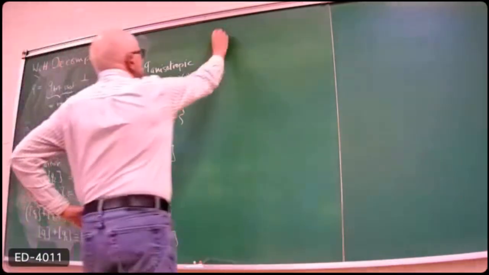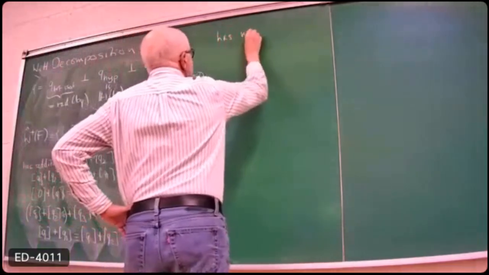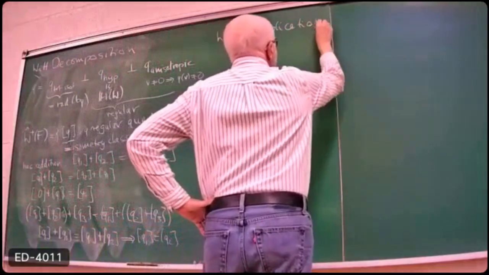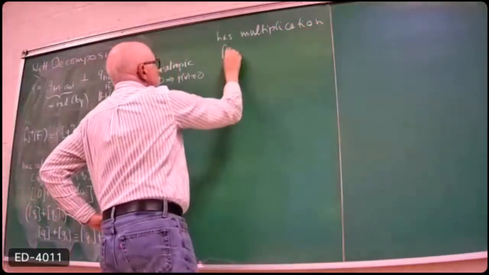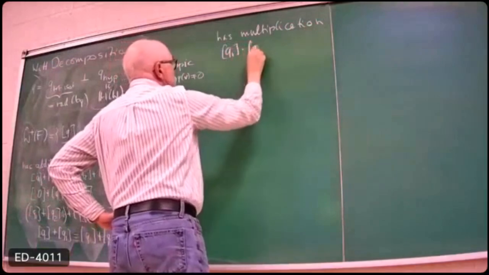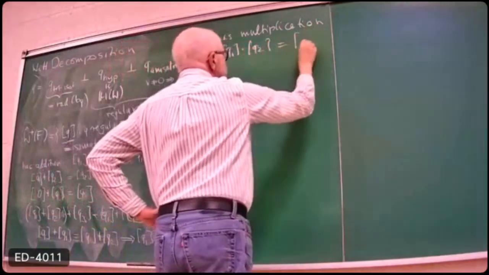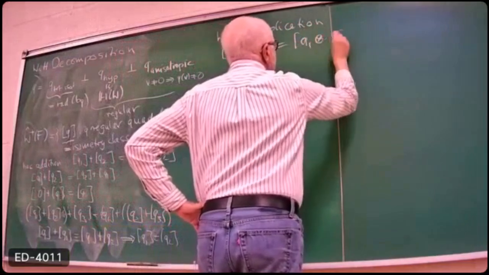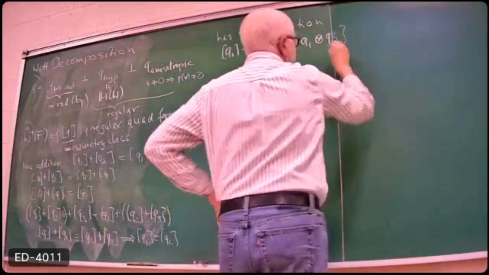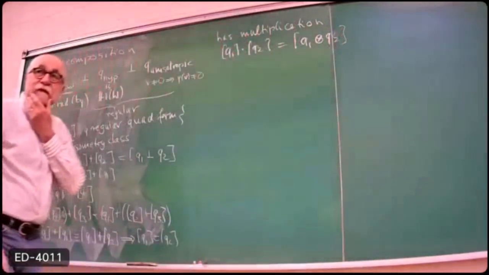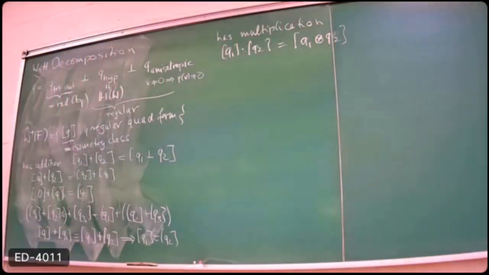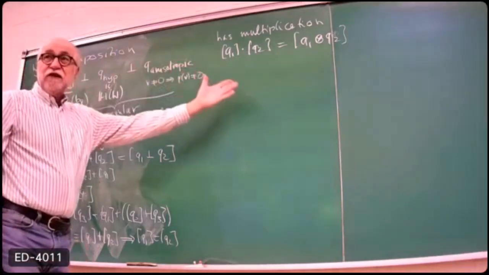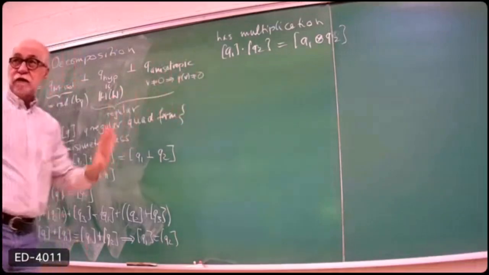Now, the set also has multiplication. We can define Q1 times Q2 as the tensor product of Q1 and Q2. And multiplication has similar properties as addition.